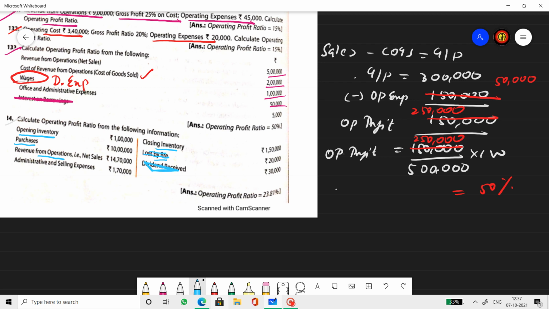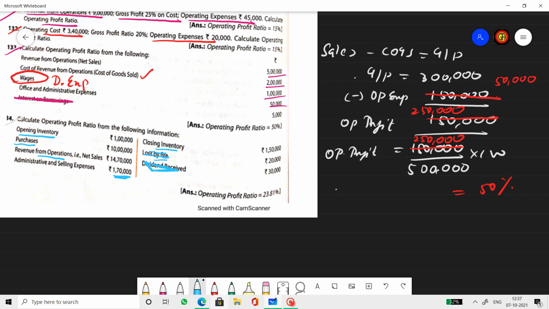So opening stock plus purchase, closing stock and sales will let you find the gross profit figure. And gross profit minus 1,70,000, which is administrative expenses, will give you operating profit. And operating profit divided by sales, 14,70,000, will be operating profit ratio here.